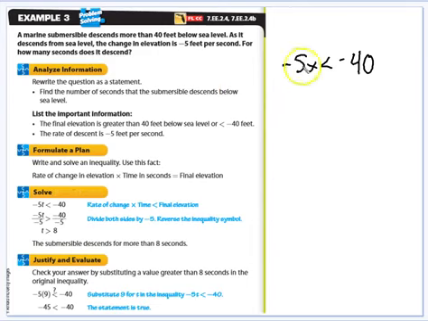So this is multiplication. I have to divide by -5. I get x. We have to flip it, is greater than positive 8. Negative divided by negative gives me a positive. So x is greater than 8.